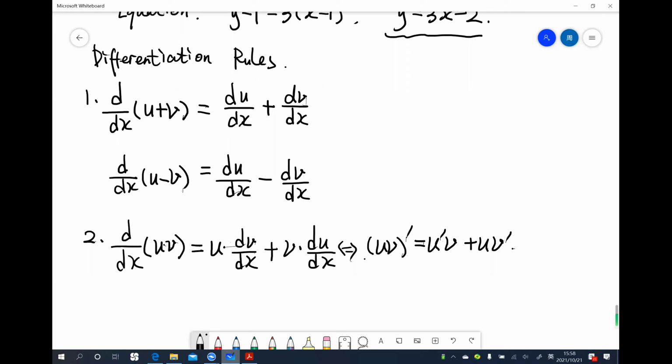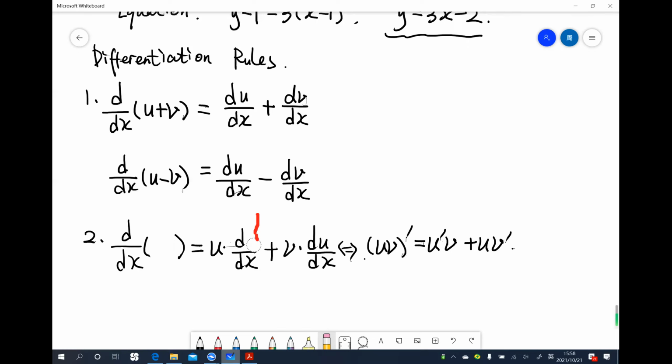Oh, sorry, Laoshi, I cannot read it. Is it u or v here? This one is v. Okay, I will use another letter to write this formula.